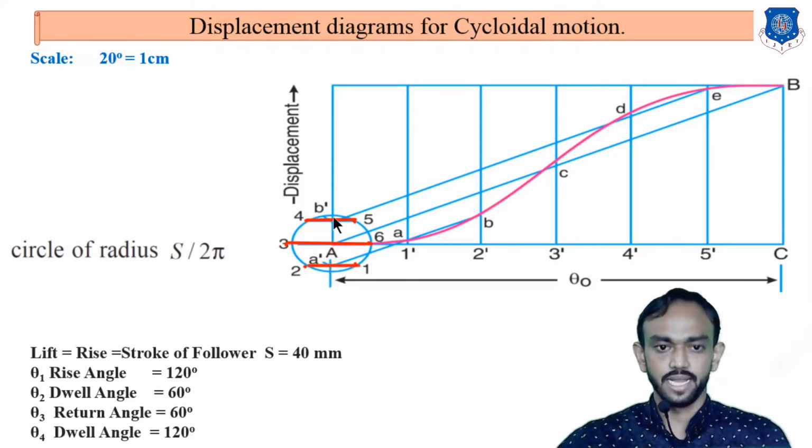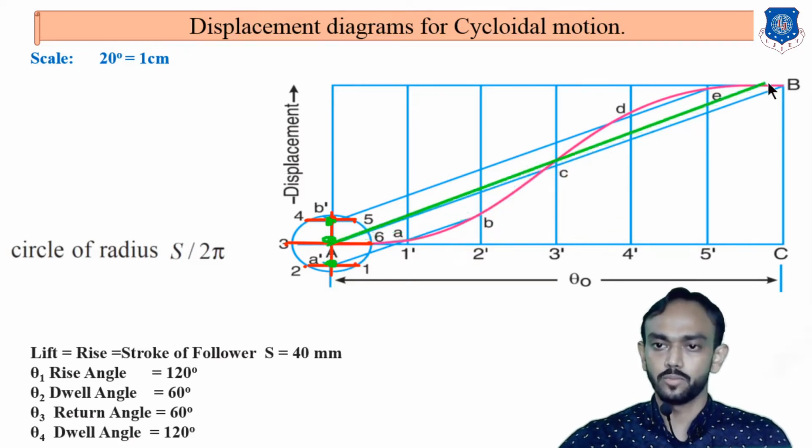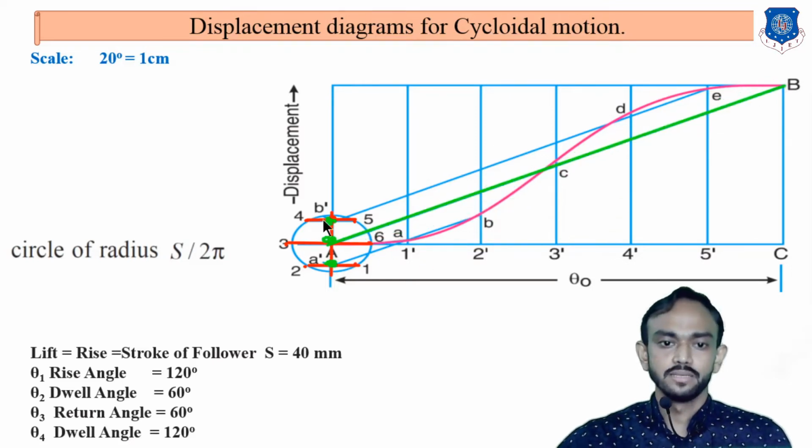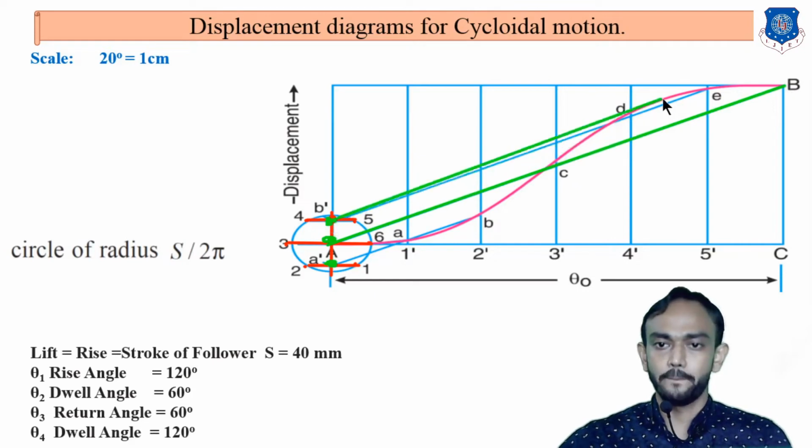The vertical line will be there, and you will get these points, which are the center of 4 5, the center of 3 6, and the center of 1 2. We are going to draw these lines here from the center of 3 6 up to the end point, and the same from the center of 4 5, parallel.